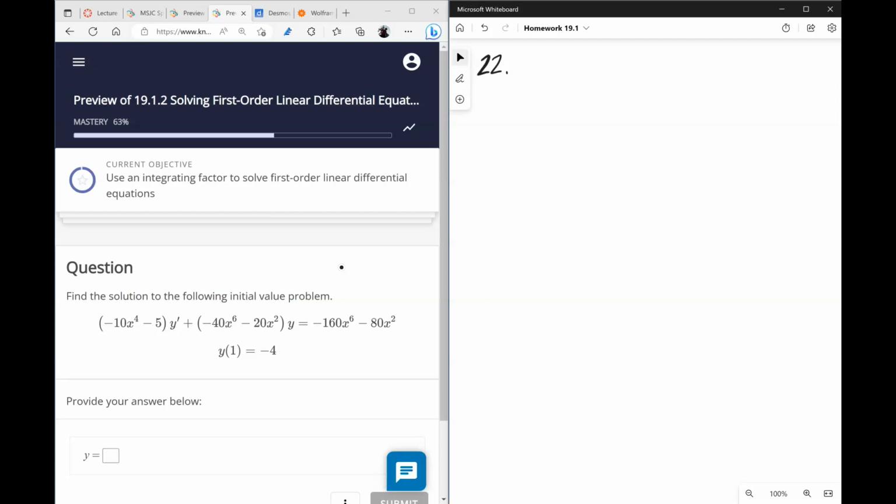Number 22, we're going to factor out negative 10x to the 4 minus 5 from every coefficient. So here it's going to be 4x squared.